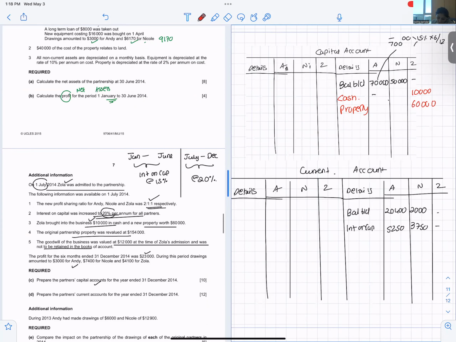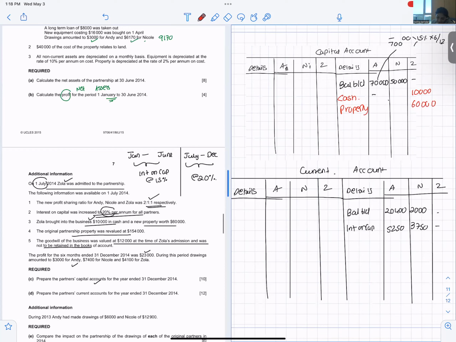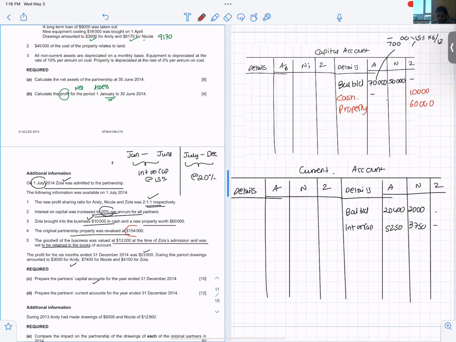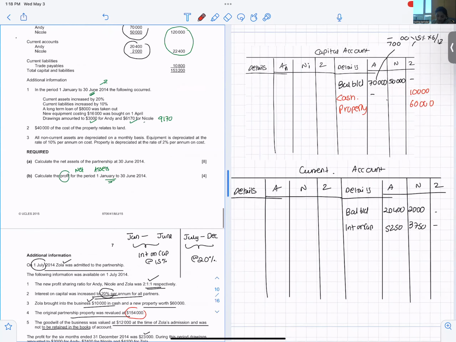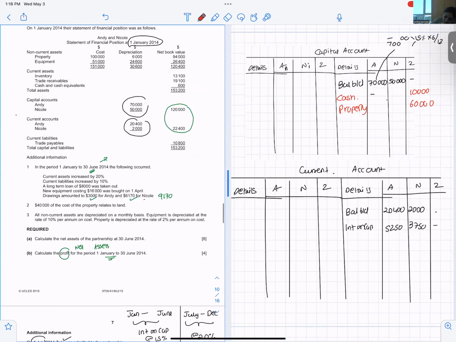Original partnership property was valued at 154,000, was revalued at 154,000. That means you had a partnership property which was 94,000. I have revalued this as 154,000. So I have a profit on revaluation of the property.